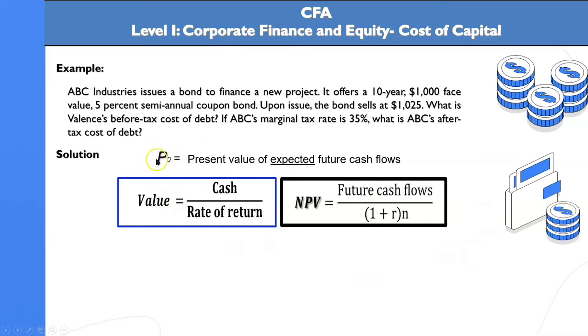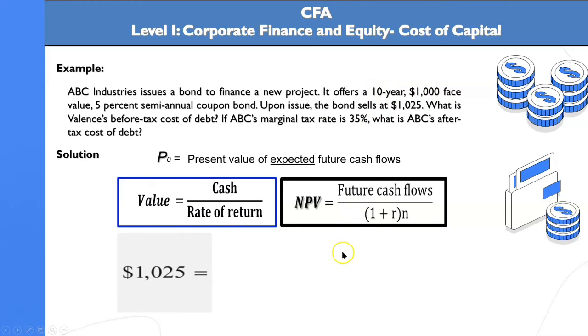The value today, which is 1,025, equals the present value of expected future cash flows. What are these cash flows? There are 2 types: the interest payment that I get every 6 months, and the original amount I'm going to get after 10 years.